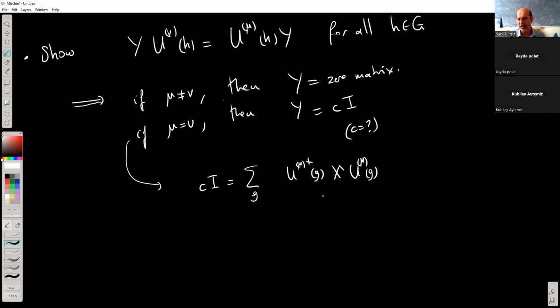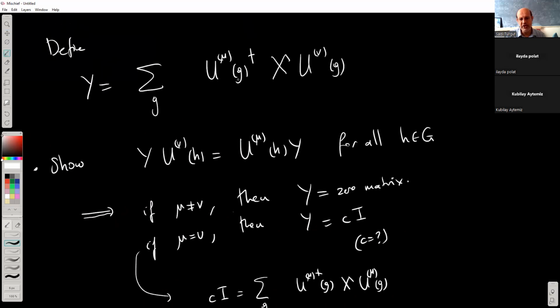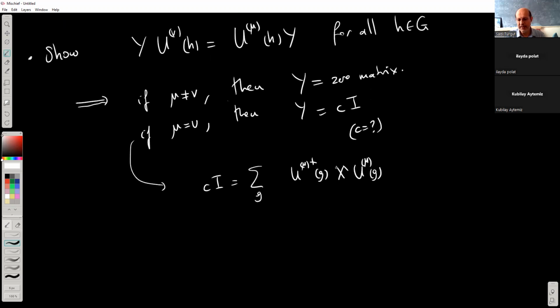To do this, we just do a very simple trace calculation. We first of all write down this relationship, obviously for the same representations, otherwise I know that the left-hand side is 0. So I just take the trace of both sides. That's the trace of u mu dagger g x u mu.